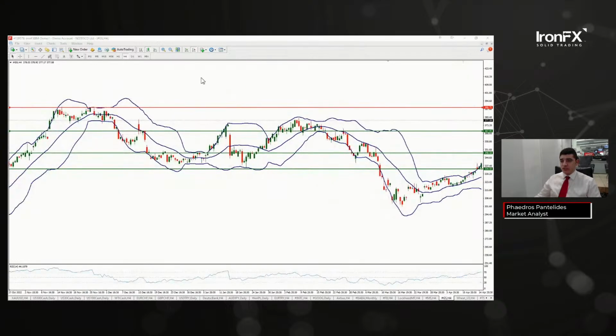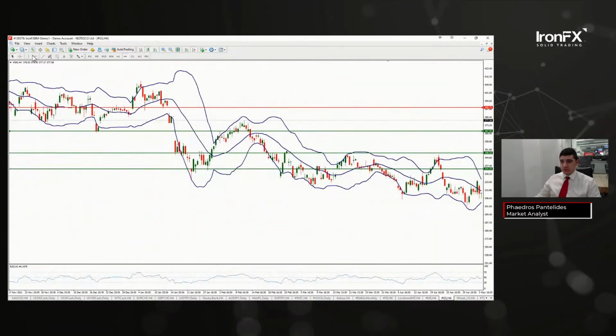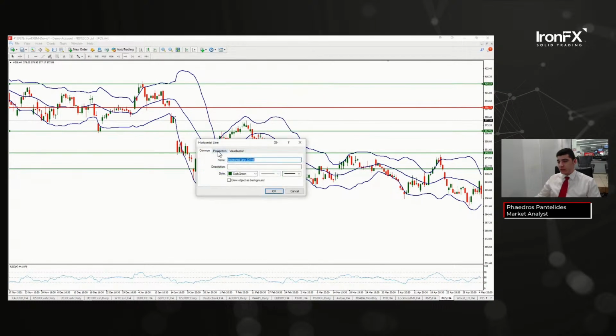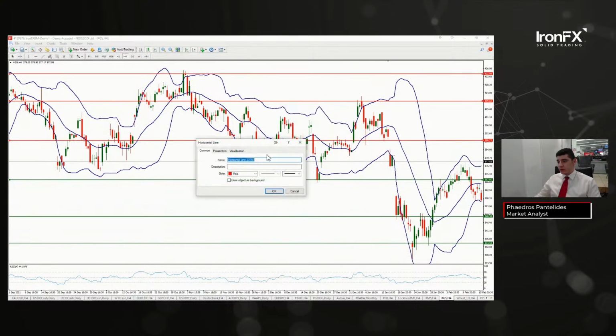Now, in terms of resistance, previous high, 405.60 for R2. For R3, previous high as well, 424.